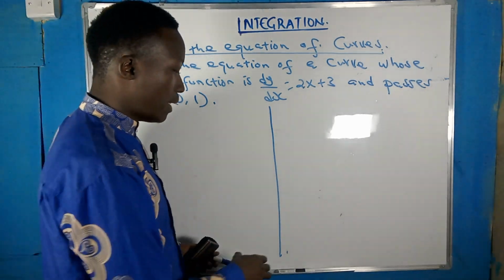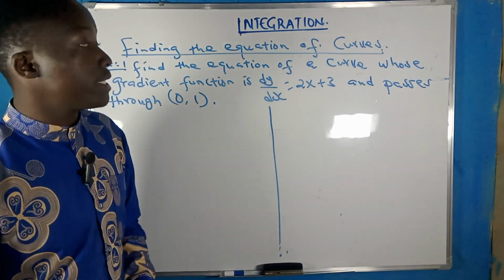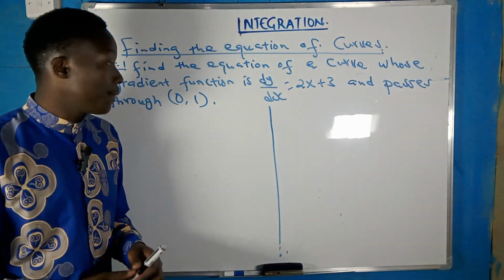So we are going to determine the equation of that curve whose gradient function is given as 2x plus 3 and passes through (0, 1).